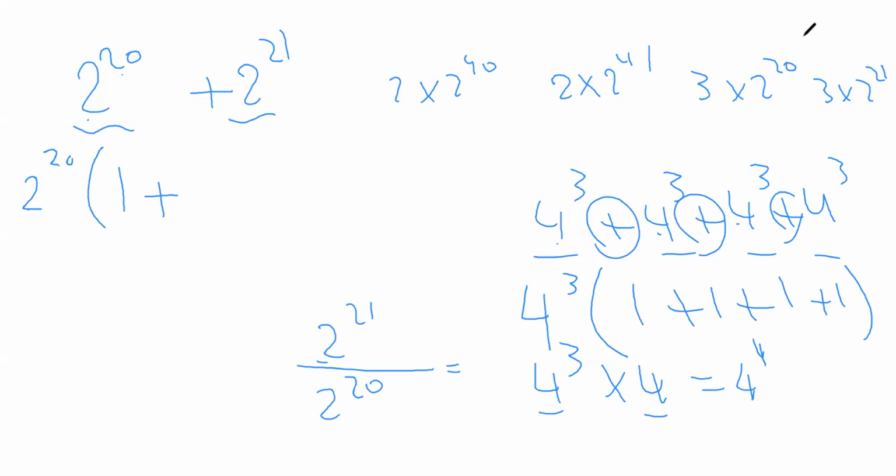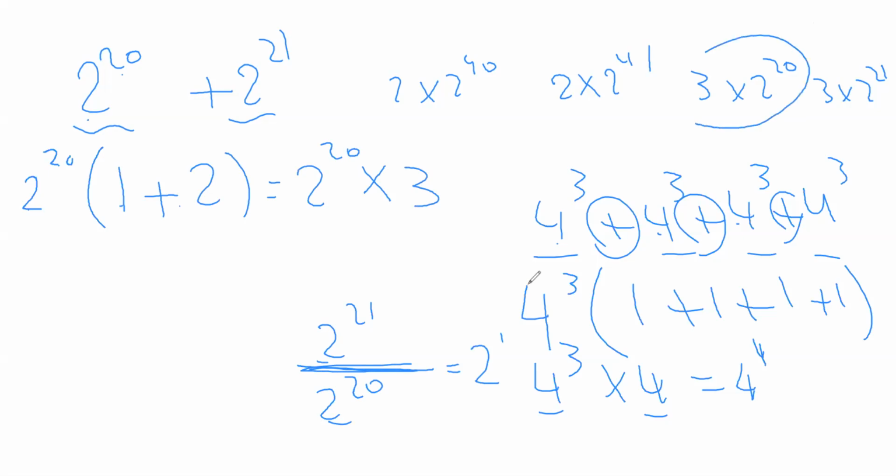The same base, so what do I do with the powers? 2 power 21 divided by 2 power 20, the same base with division between them, so 2 power 1, which is 2. So it became 2 power 20 times 1 plus 2, which is 3. That is this choice.